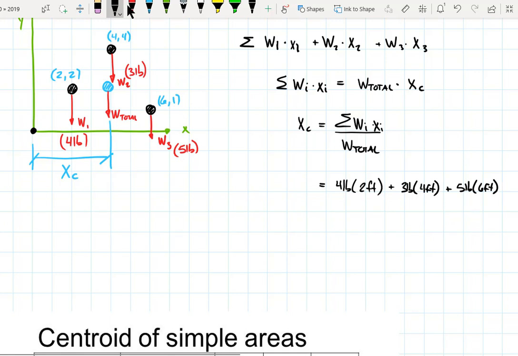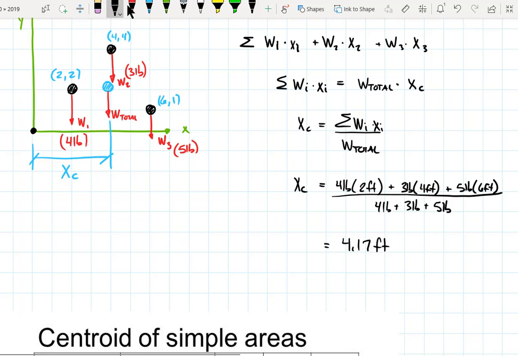So those 3 moments need to have the same effect as the total weight, which would be 4 pounds plus 3 pounds plus 5 pounds times that distance I'm looking for. So let's see. So I get 8 plus 12 plus 30 divided by 12. 4.17.